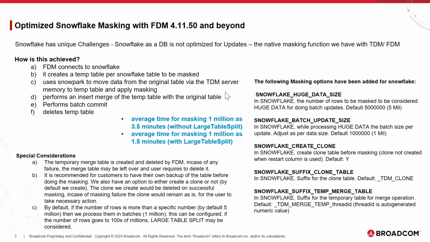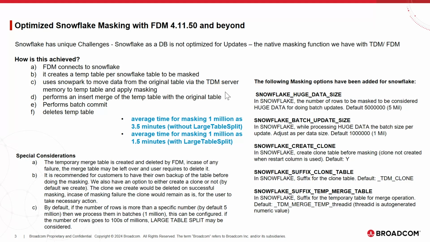Using that, we have introduced the concept where the FTM engine, or the TDM portal via FTM, is going to create a temporary table where the data would be moved from the original table. As the data is moving, the masking will happen in memory and get inserted into this temporary table.